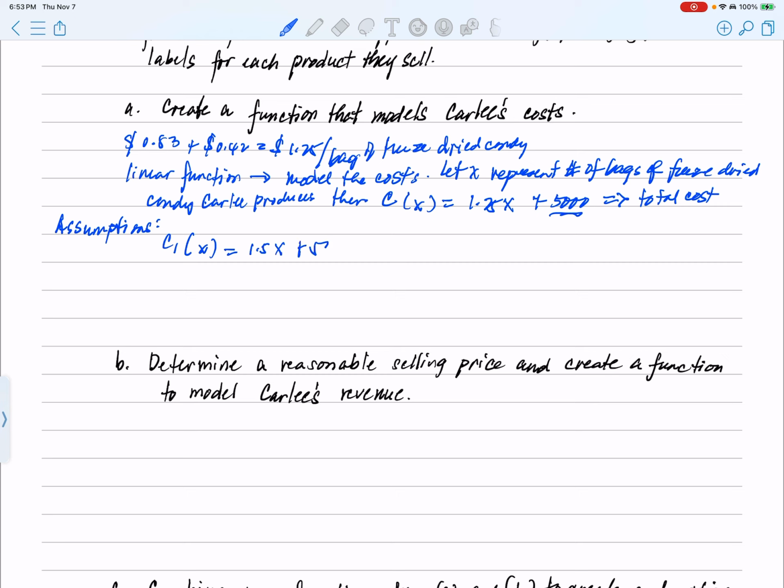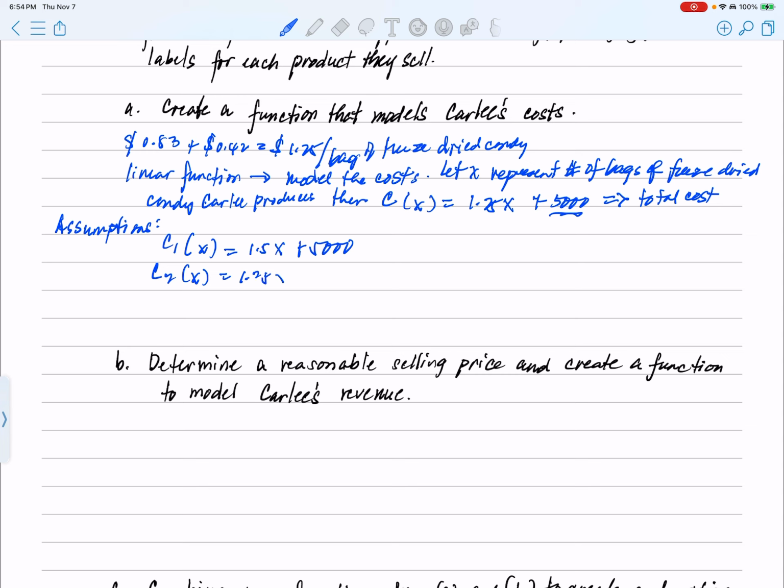If she purchases a cheaper freeze dryer, she can have 1.25 per bag plus 3,000.